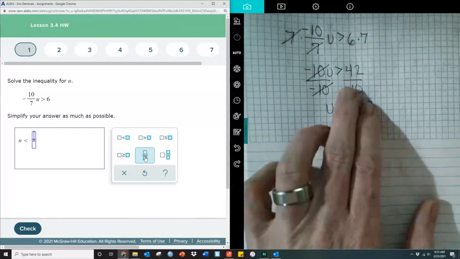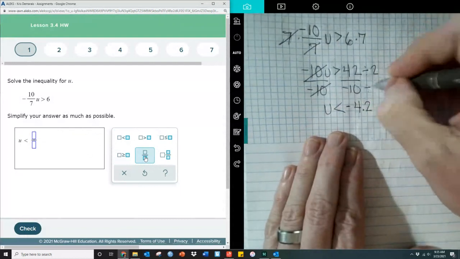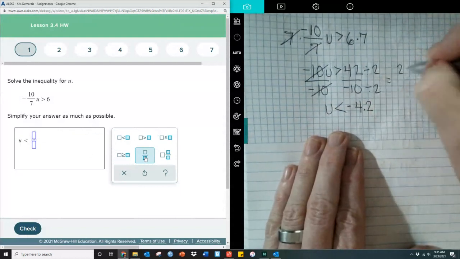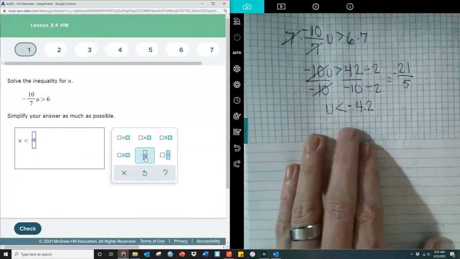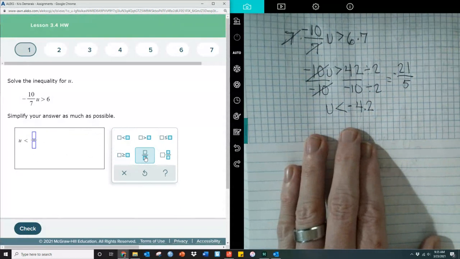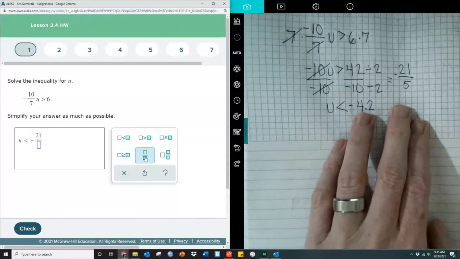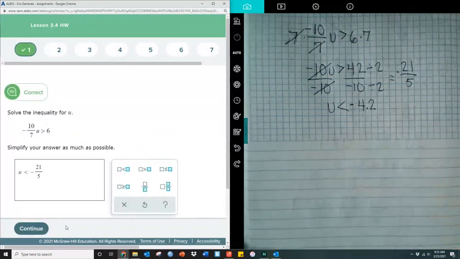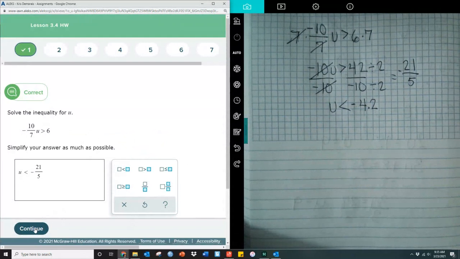So 42, we could divide by 2 in both of these, which gives us 21 over 5, and that's negative. So we put negative 21 over 5. That's what they wanted us to do there.